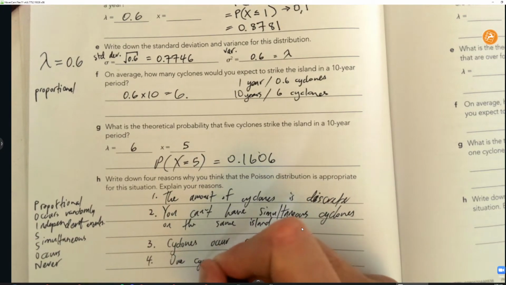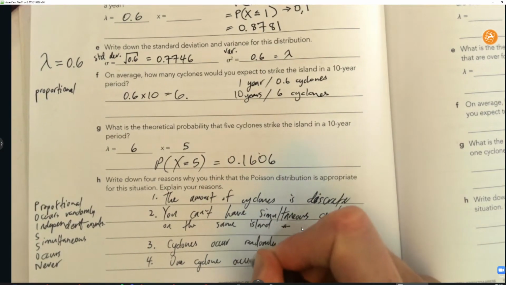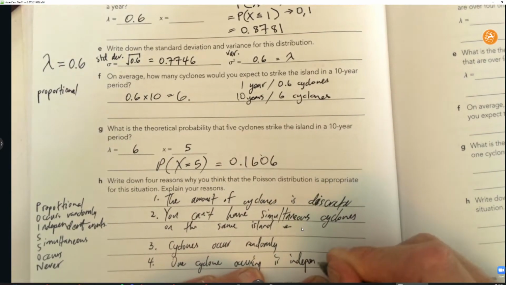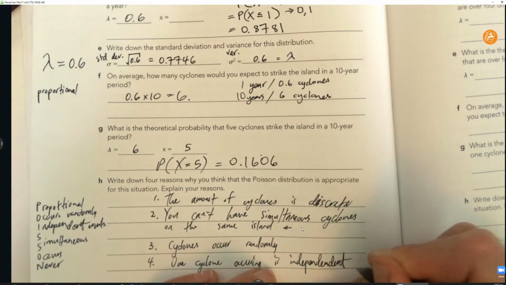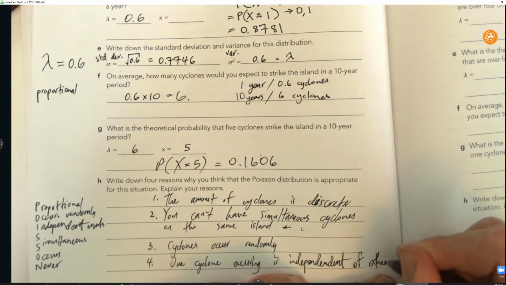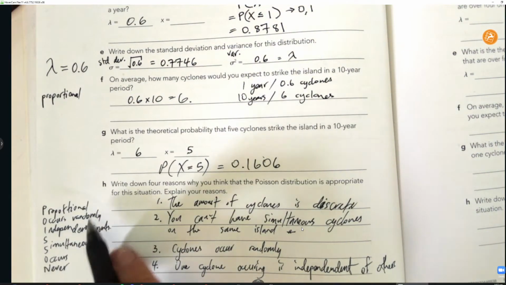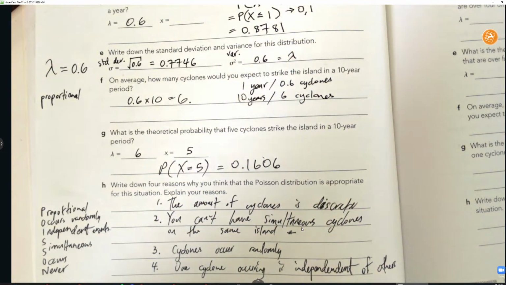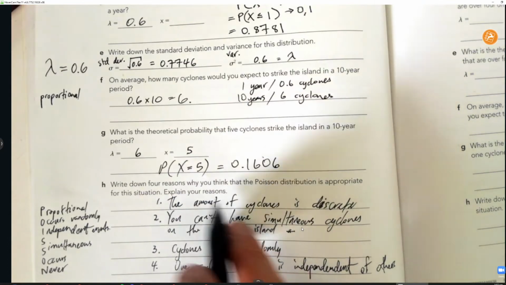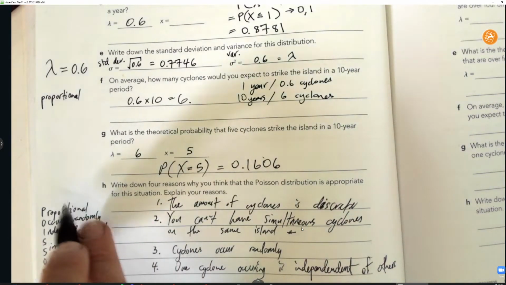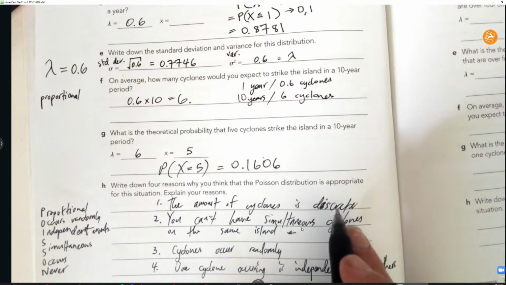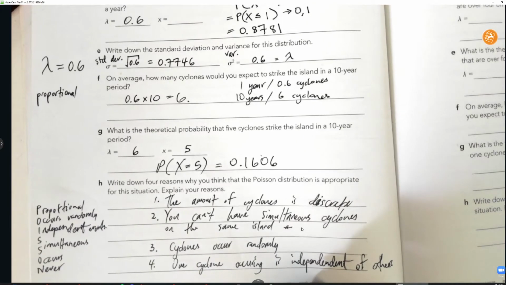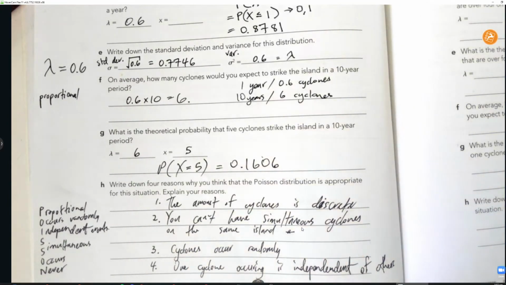One cyclone occurring is independent of the other. When you're doing these, what you've written over here, these are the buzzwords. These are the words you're trying to use. Don't be afraid to put it in context and use these words. Don't worry about using the words discrete, simultaneous, occurring randomly and independence. Do not be afraid of doing that.